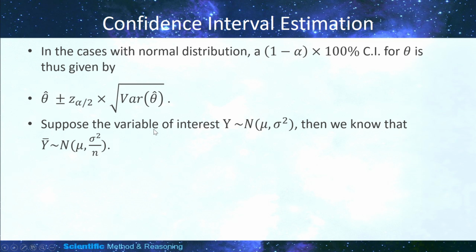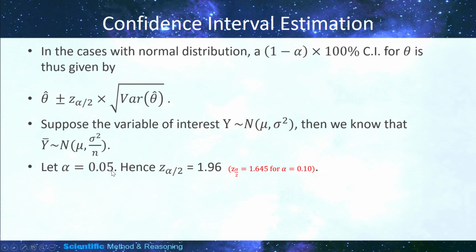Suppose the variable of interest is y, where y is known to follow a normal distribution with mean mu and variance sigma square. Then we know that y bar follows a normal distribution with mean mu and variance sigma square over n.